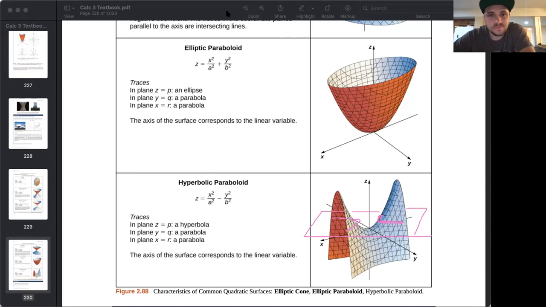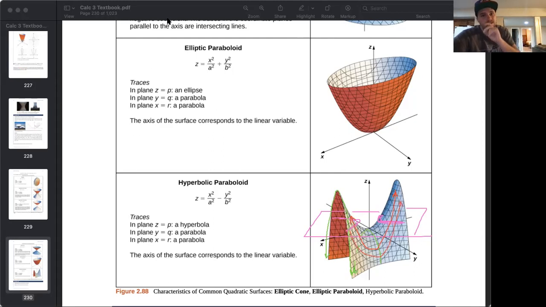And then for the XZ plane, you can see I'm getting downward facing parabolas, right? That I'm drawing in green, like these here that are opening downwards. And then for the YZ plane, you have parabolas that are opening upwards. So you get these parabolas.